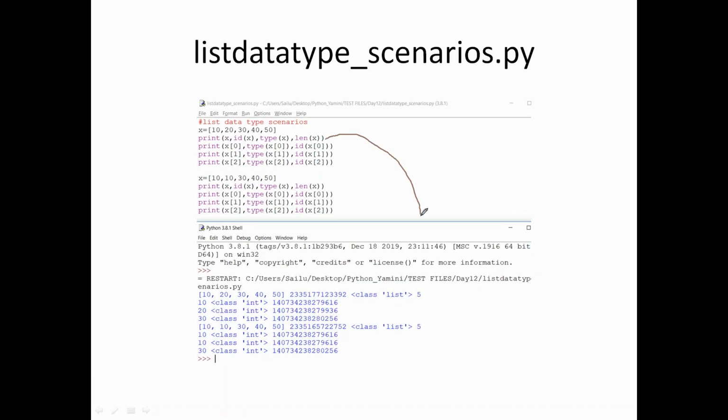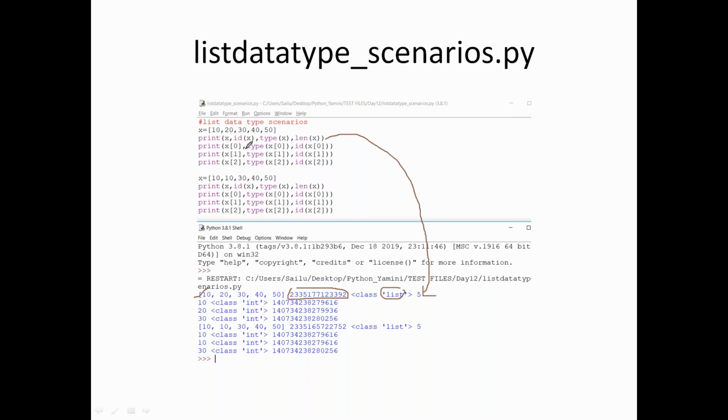System displayed this value. So x shows you the content value, this is my address where it's stored, the class is list, and total elements is 5. 10 to 50, 5 elements I have. So 5 is displayed.